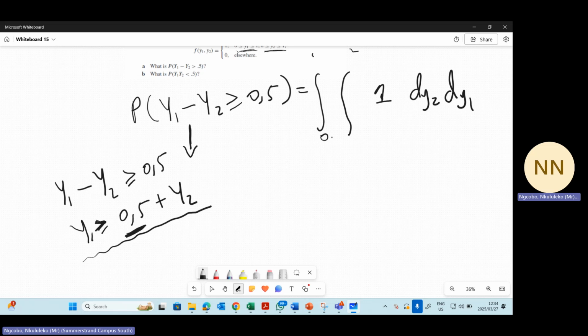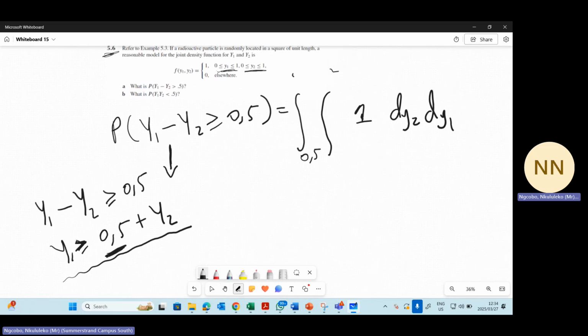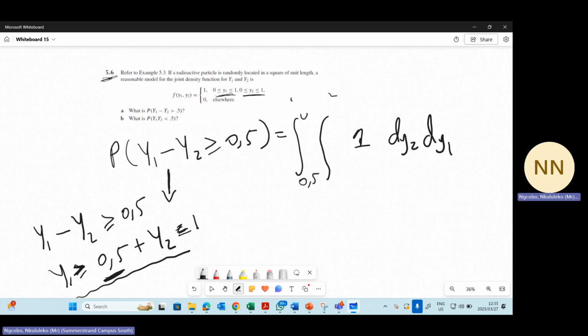So I'm starting from 0.5 plus y2, but I know that this should be less than or equal to 1. So my upper bound from what I'm given for y1, I know this should start from 0.5 up until 1.